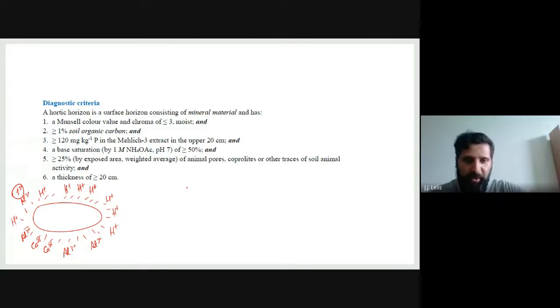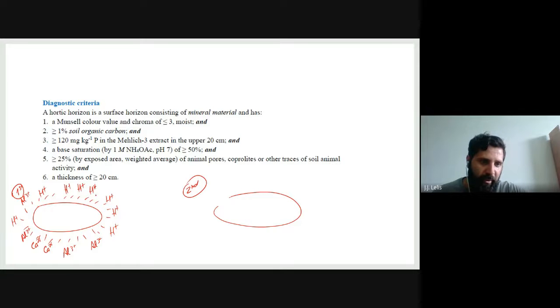And if we add limestone, in a second condition, several hydrogen ions will be released from the surface of the clays to the liquid phase.